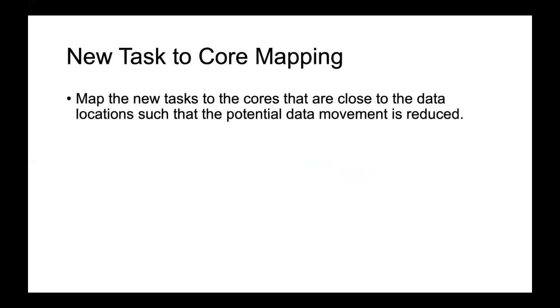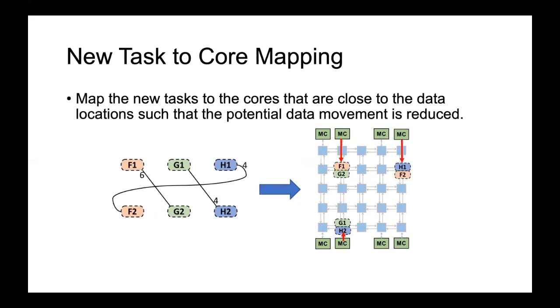The next step is basically new task to core mapping. In this step, we try to map the new task to the cores that are close to the data location such that the potential data movement is reduced. Using the same example here, suppose that for F1 and G2, most of the data requests come from the memory controller on the top left corner.